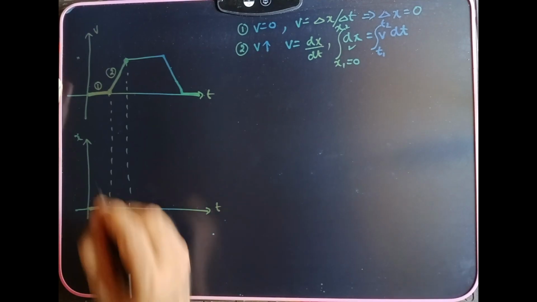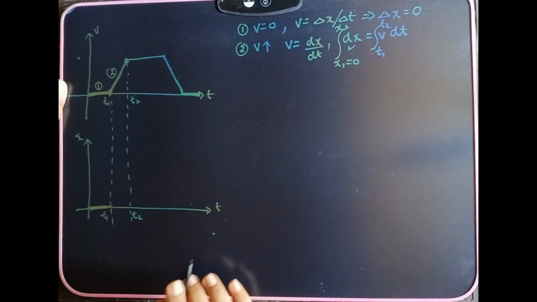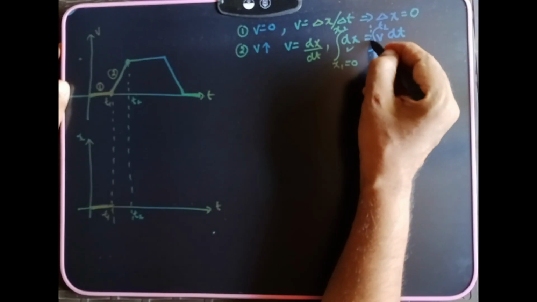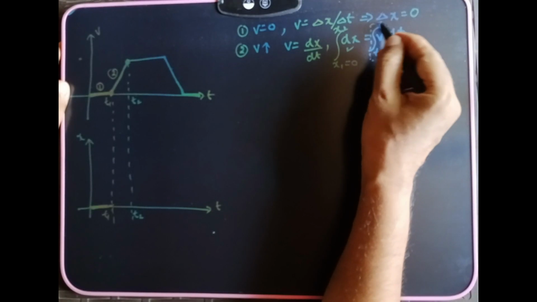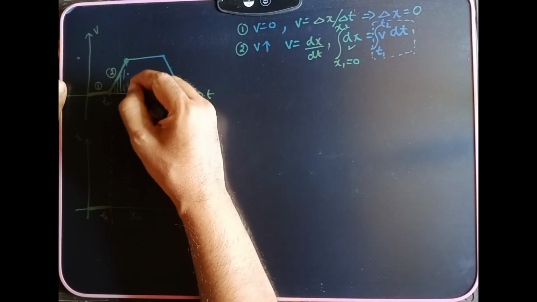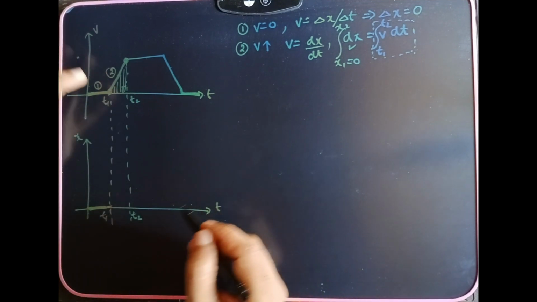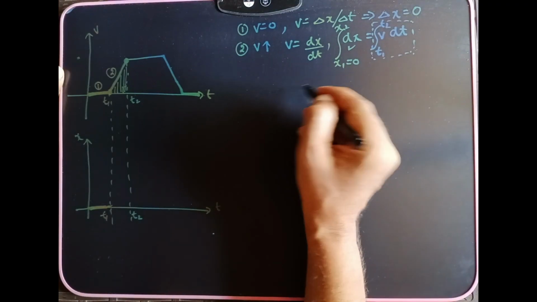So how will I get the graph? How will I get displacement? It is clearly visible here that if I have to do this integration, I'll have to find the area of this particular triangle, which is a right angle triangle. So if I need to find the area of this right angle triangle, what I need to do?